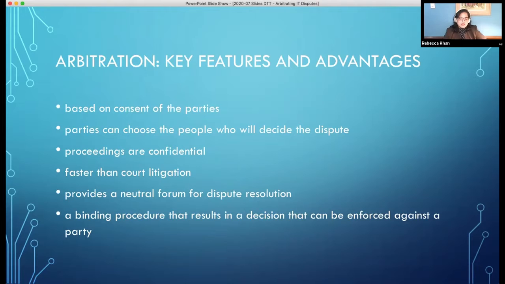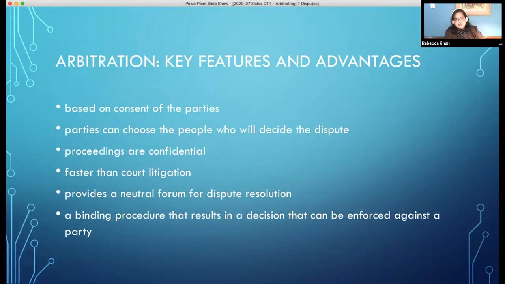That means even before a dispute has arisen, at the point that the contract is being formed, being signed, parties have already agreed that if any dispute arises with respect to the contract, they are going to use arbitration as a dispute settlement procedure for that contract. That's agreeing to submit to arbitration before a dispute has even arisen.